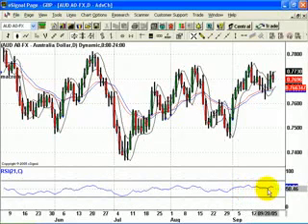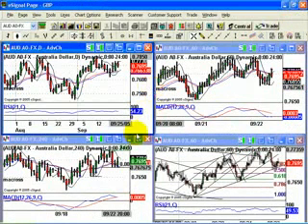This line here is the 50 level. So as long as the RSI is above 50, this confirms the other 2 trend indicators. If it's below 50, I like to see the other trend indicators also below 50. So right now we have 3 pieces of information telling us that the long-term trend is moving up. We have the long-term moving averages in buy, we have the trend channel in buy, and we have the RSI above 50. So for our analysis, long-term trend is presently up.